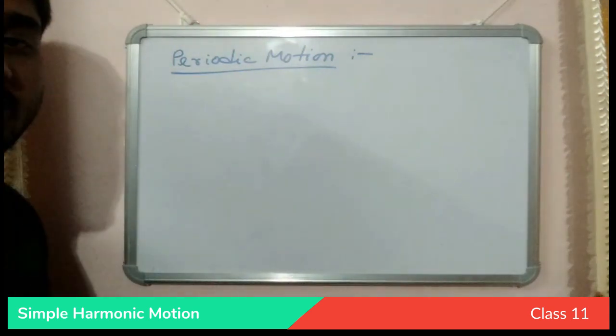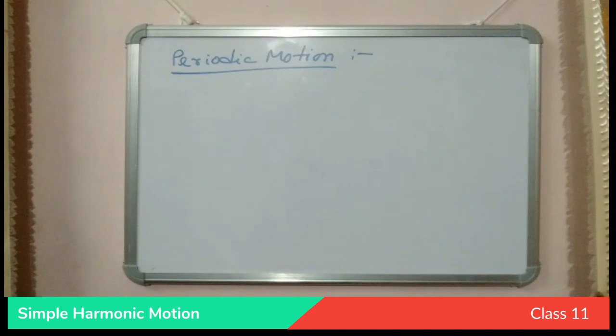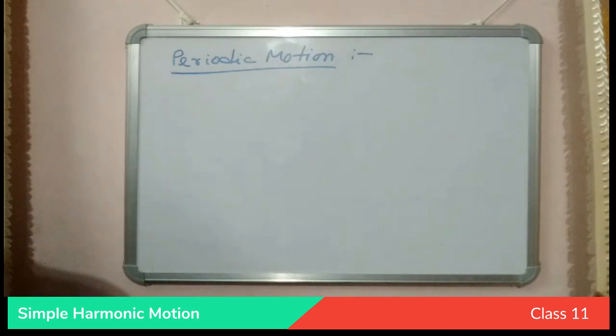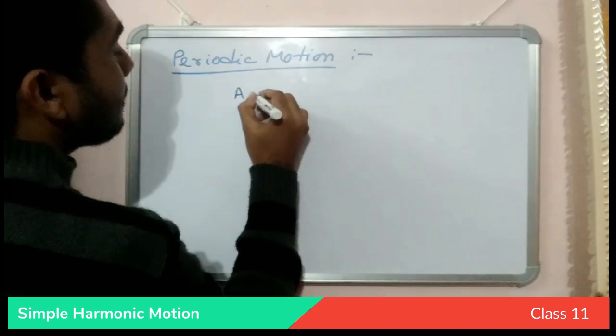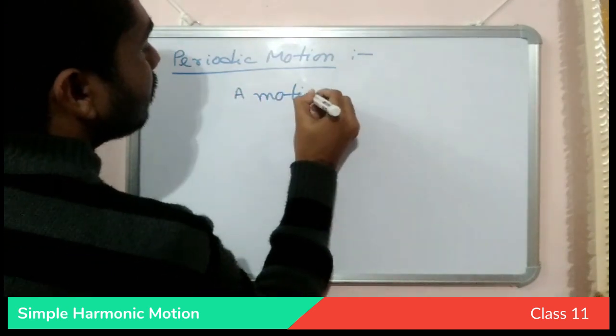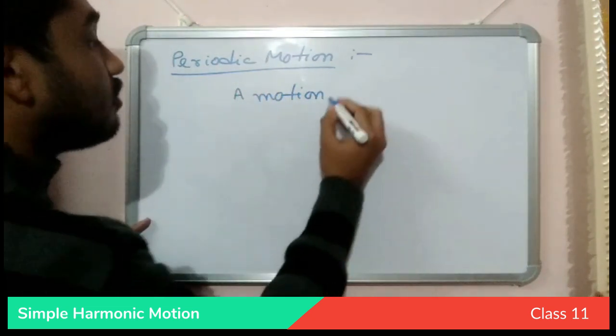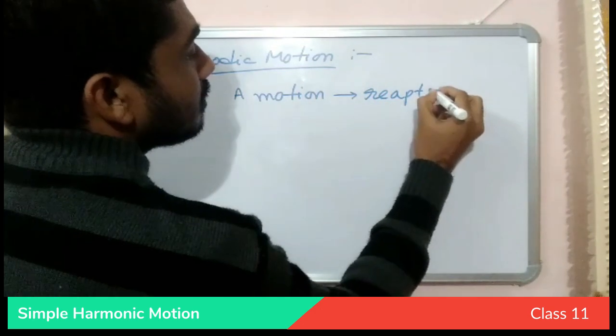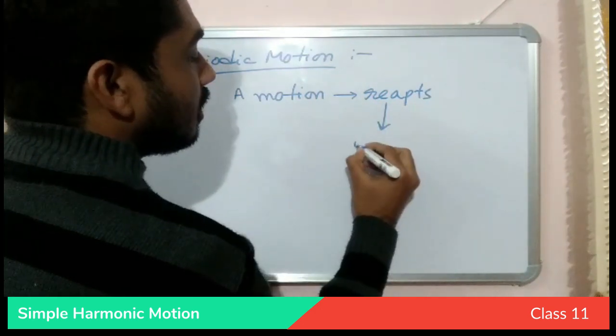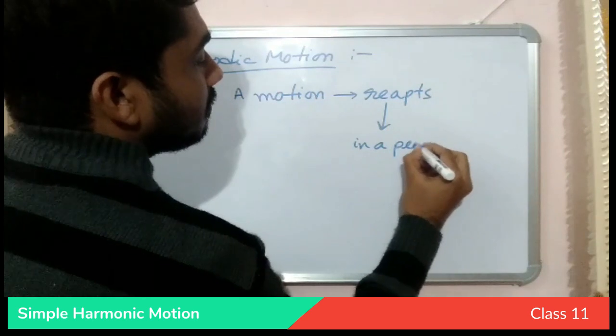If a motion is completed or repeats within a period of interval of time, that is periodic motion. So a motion which repeats in a period of time.